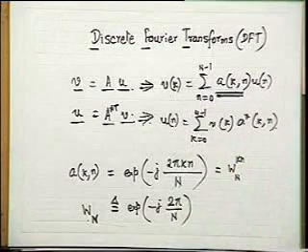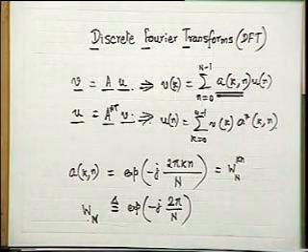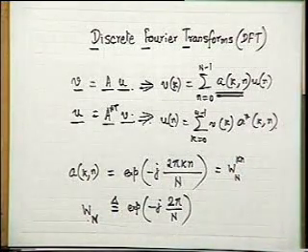So un is the original sequence, vk is the transformed discrete sequence. Because everything is in the discrete domain, operating on specific samples, we call this type of Fourier transform the discrete Fourier transformation.